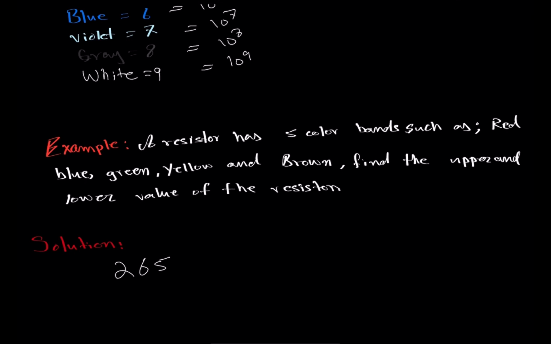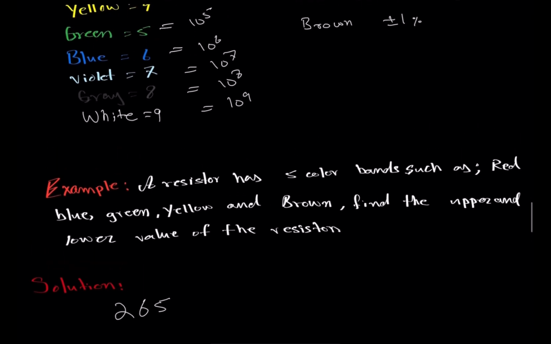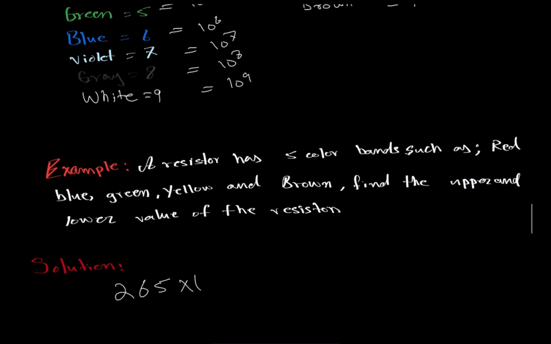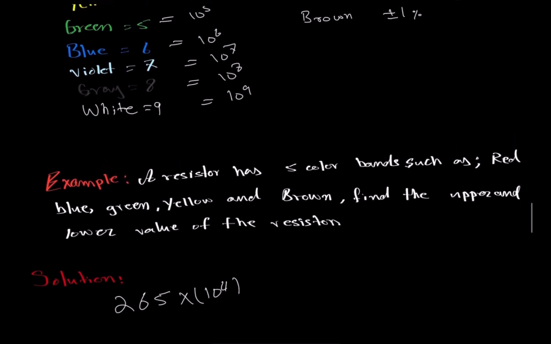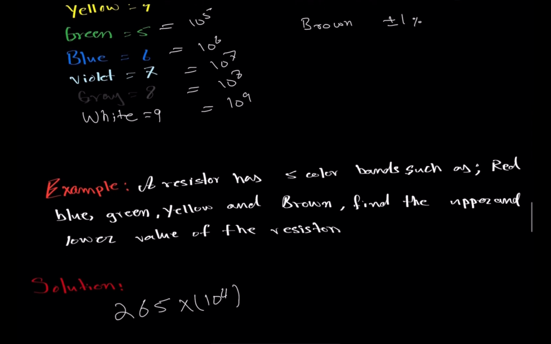Now the 4th one here is yellow. Yellow is the multiplier, which is the 4th band, will be 10 to the 4. And then the 5th one is the tolerance. Brown is plus and minus 1%.